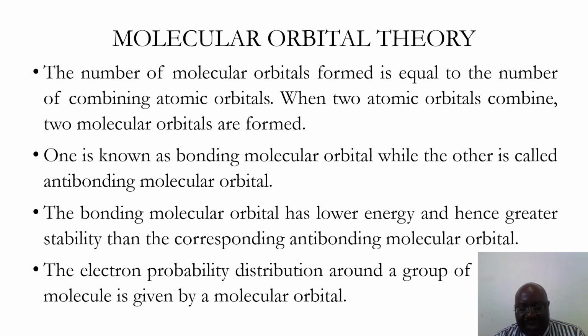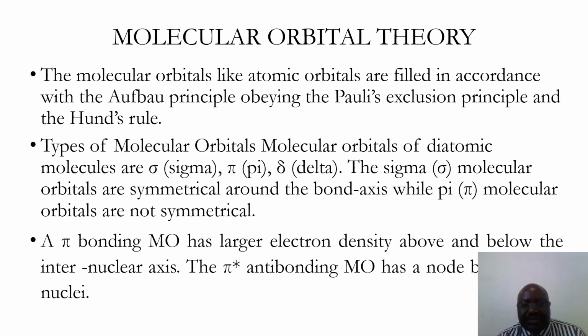The electron probability distribution around a group of atoms in a molecule is given by a molecular orbital. The molecular orbitals, like atomic orbitals, are filled in accordance with the Aufbau principle, obeying Pauli's exclusion principle and Hund's rule. The types of molecular orbitals: molecular orbitals of diatomic molecules are sigma, pi, and delta.